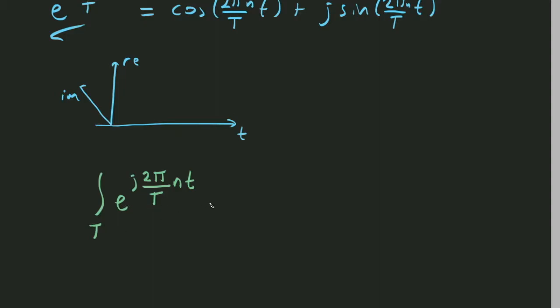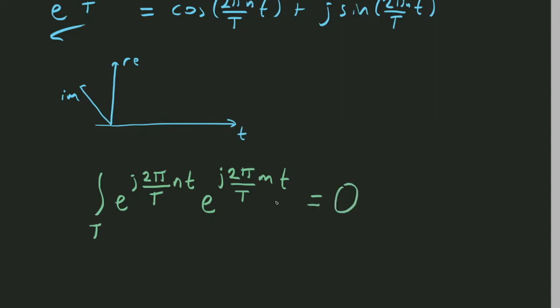But also, if you multiply it with another complex exponential with a different n, in this case I will call it m, e to the j 2 pi m over capital T times t, we know that any of those multiplications over a period T would give us 0.